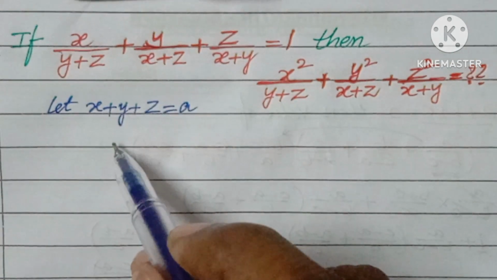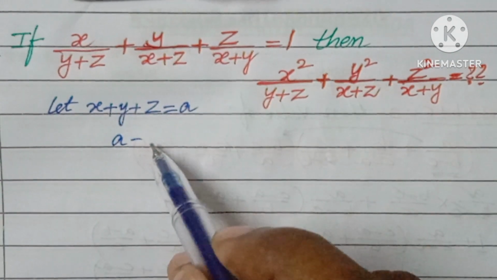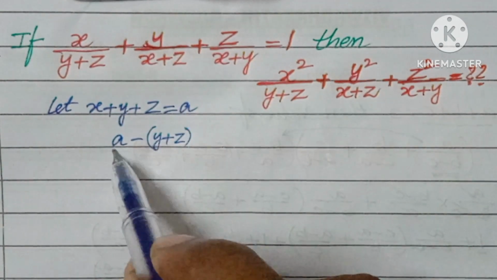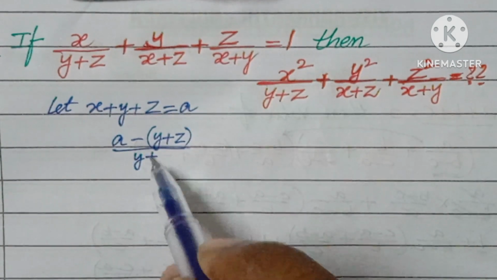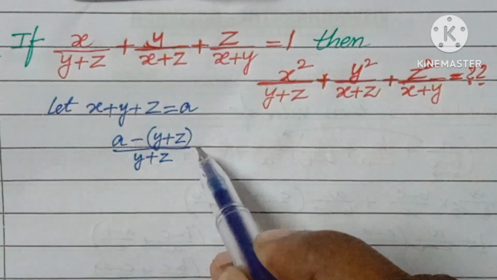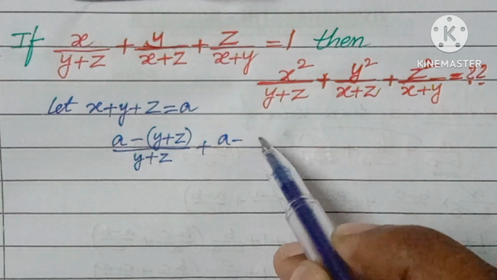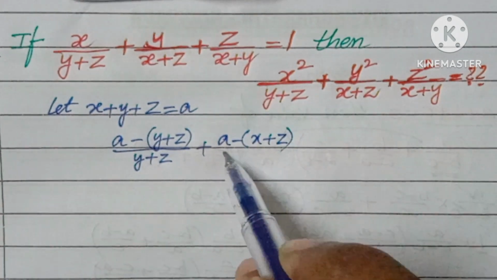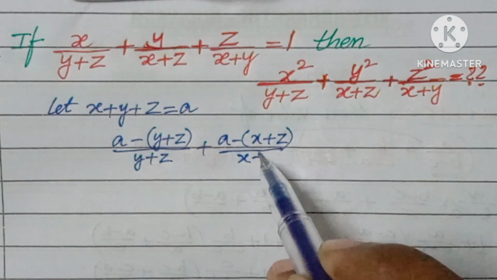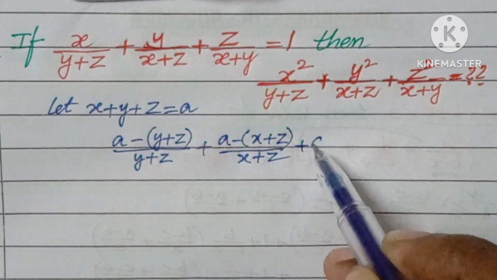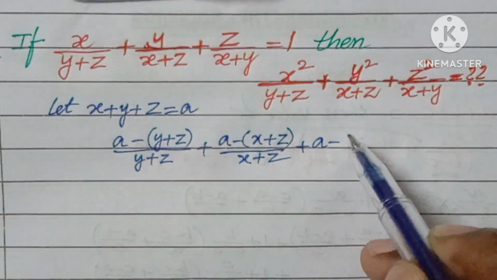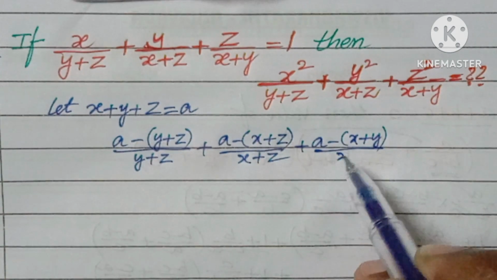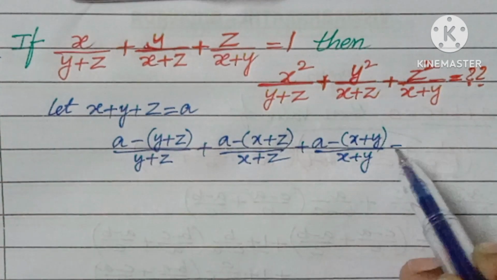Now the given equation will be (a minus y plus z) by y plus z, plus (a minus x plus z) by x plus z, plus (a minus x plus y) by x plus y is equal to 1.